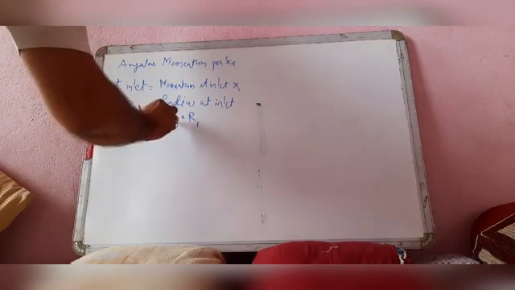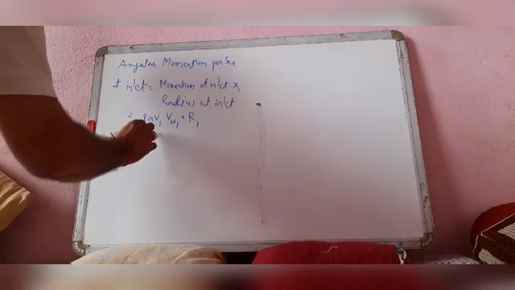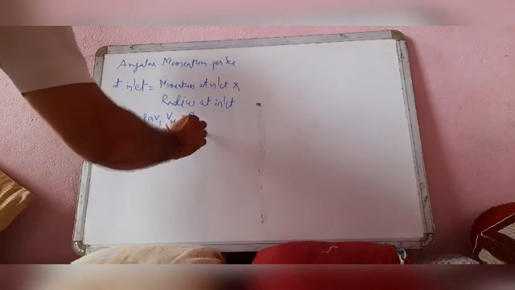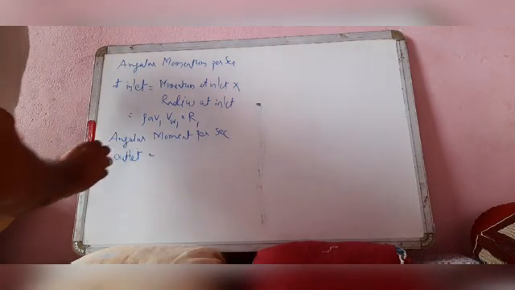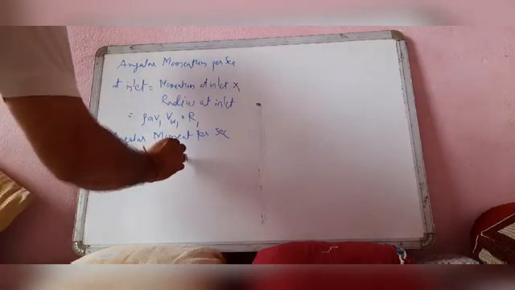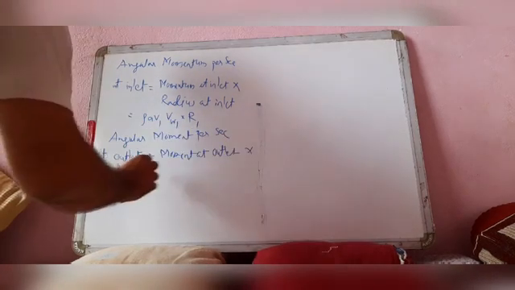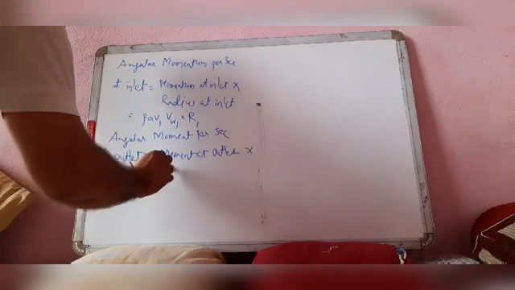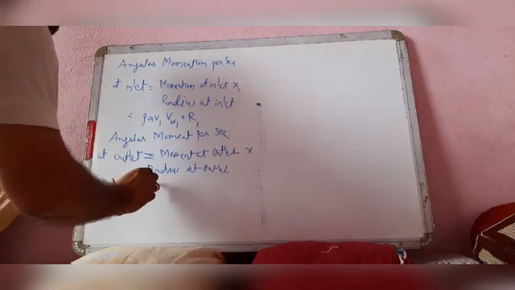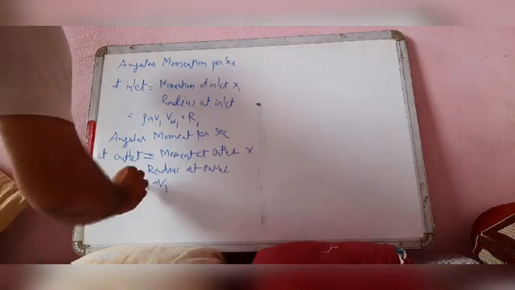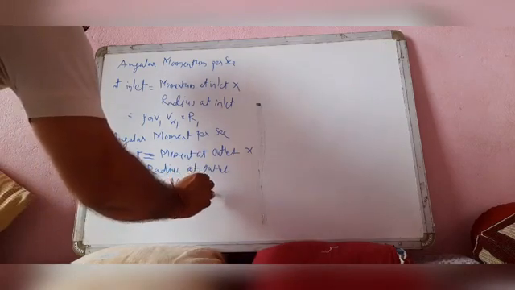And angular momentum per second at outlet is equal to momentum at outlet into radius at outlet. So this is rho A V1 minus VW2 into R2.